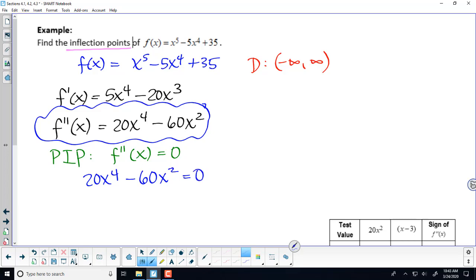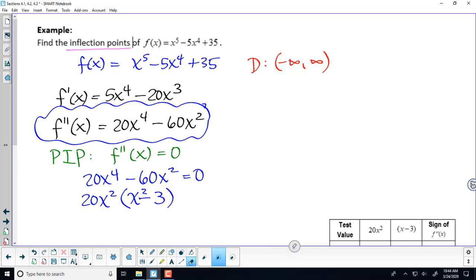Another polynomial equation, solve by factoring. Don't forget to look for the greatest common factor first, which is 20x squared. Factor that out. I'm left with x squared minus 3. Whoops, I just saw something.